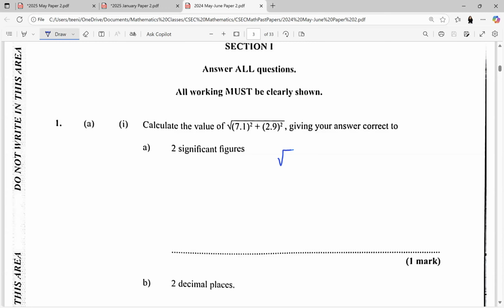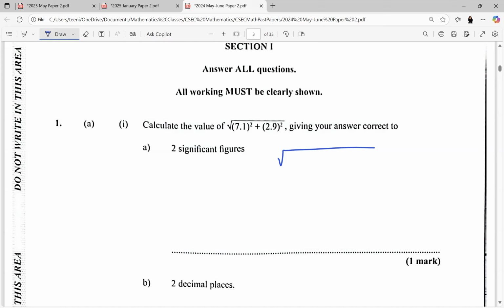Let's work out what's inside the square root sign first. So to calculate 7.1 squared, you could either do 7.1 times 7.1, or you could type 7.1 and then press the square symbol to get your answer.